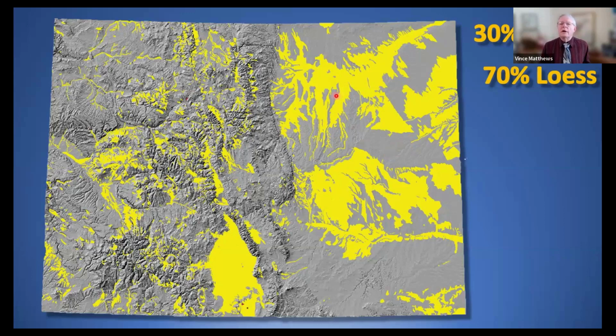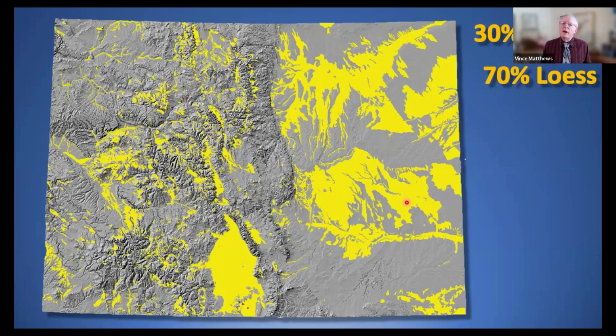The total area covered by these wind-blown deposits is 30,000 square miles. Some were deposited during glaciation, but the majority were deposited after glaciation, because of all of this sand that has been carried out along the Platte River and the other rivers.